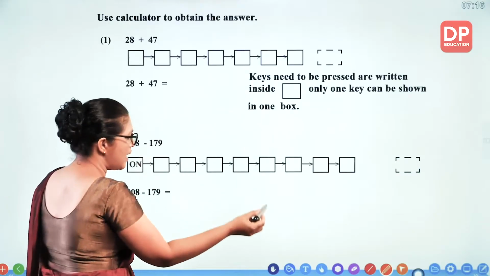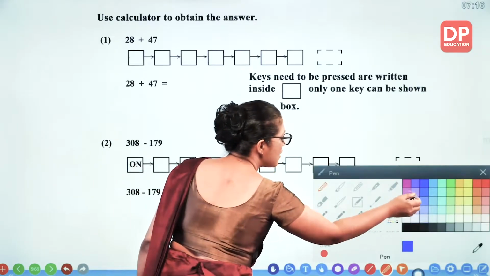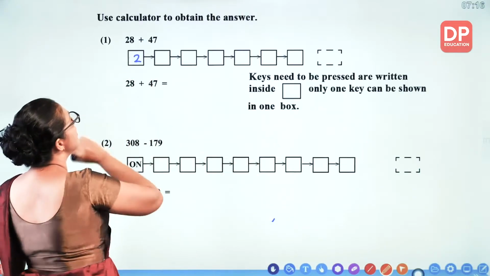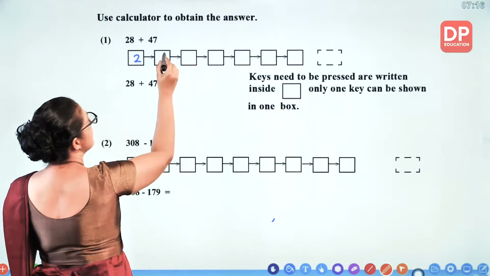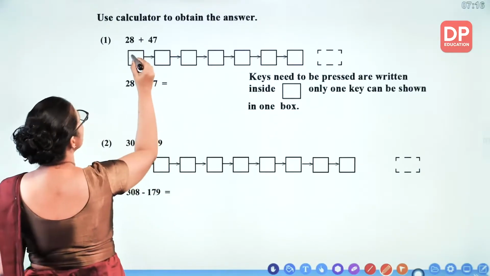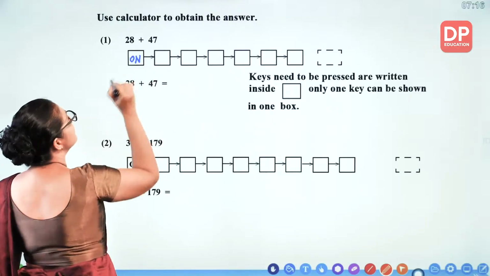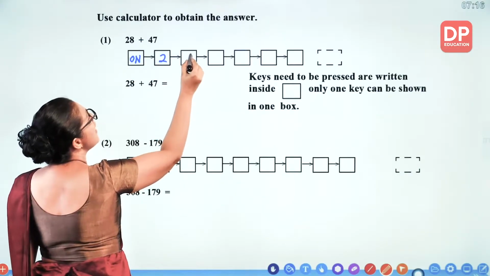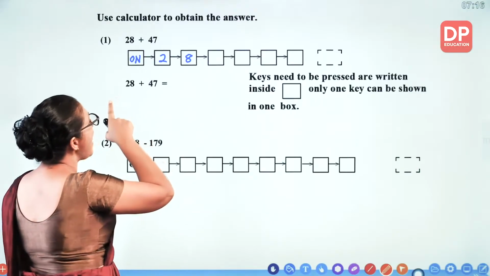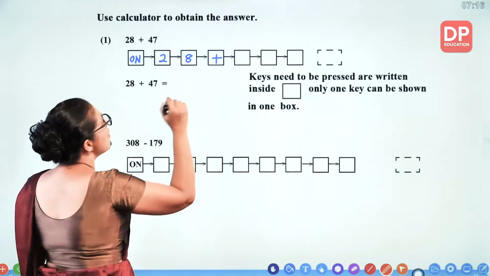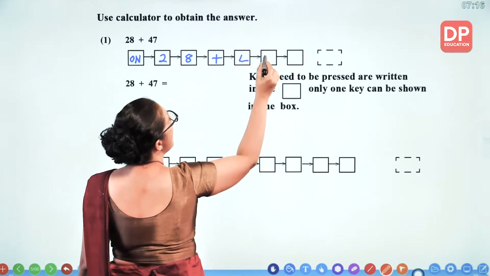So how do we perform the calculations? You have to press ON first. Switch on the calculator. And then 2, 8. Then addition is there. So you can add 4 and 7.